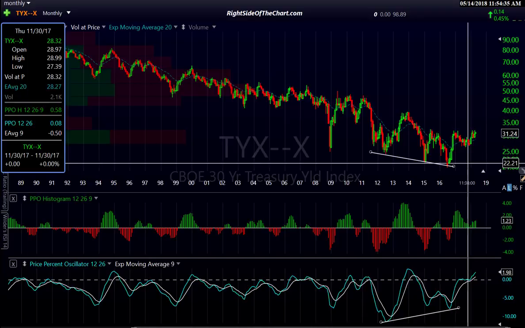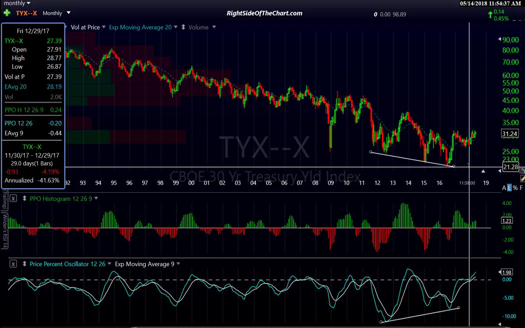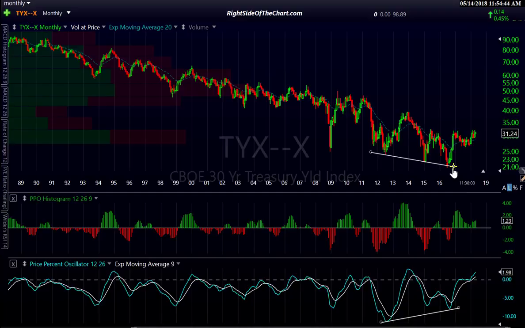But we know this: we got down to virtually zero interest rates, near zero rates in the U.S. We went negative rates around the world. So we know there's really not much more downside in rates. And at some point, when inflation really kicks in, we're going to start a new secular bull market in rates, which would mean a secular bear market in bonds.